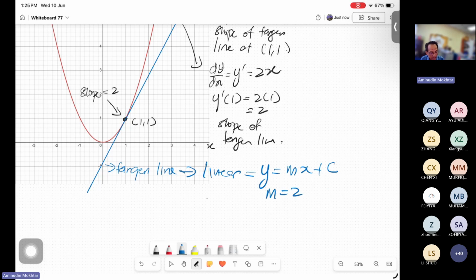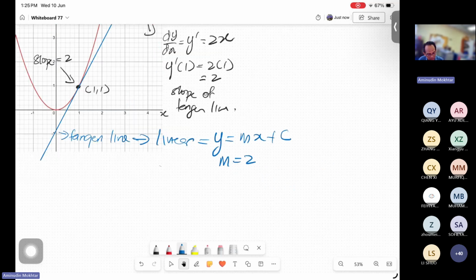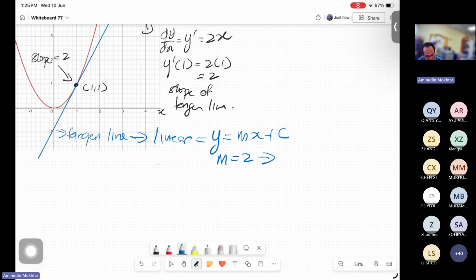The next question is to find the equation of the tangent line. With the value of m known, we need to find c. For example, if the tangent line is y equals 2x plus c, when x equals 0, what is the value of y?